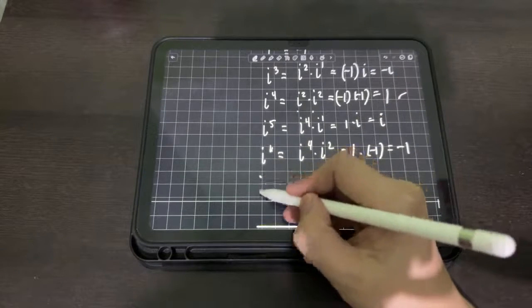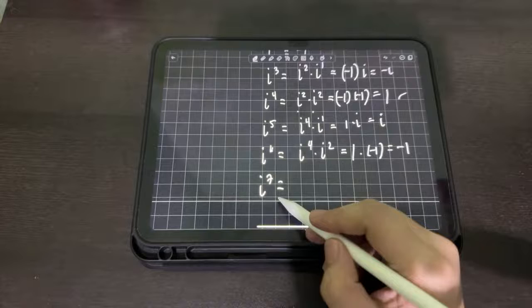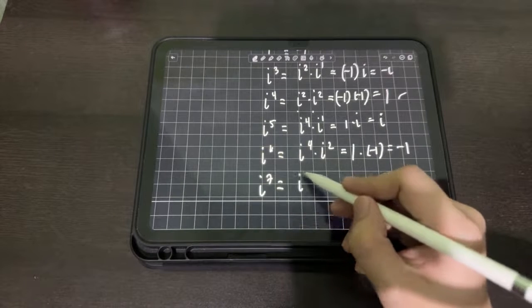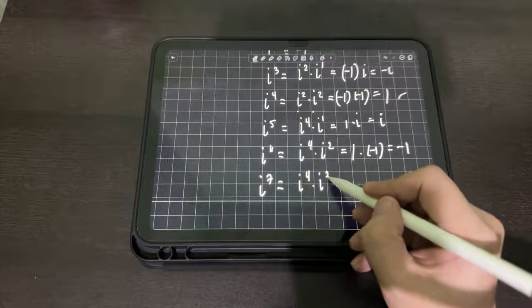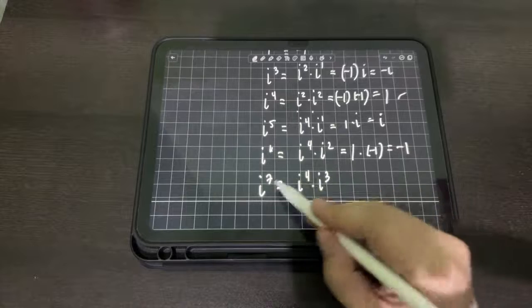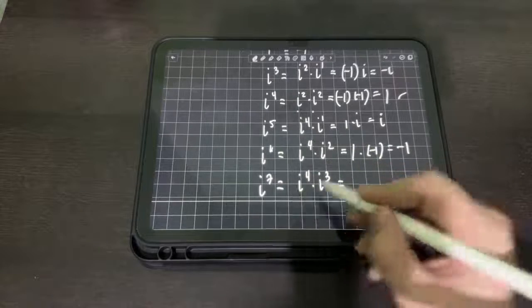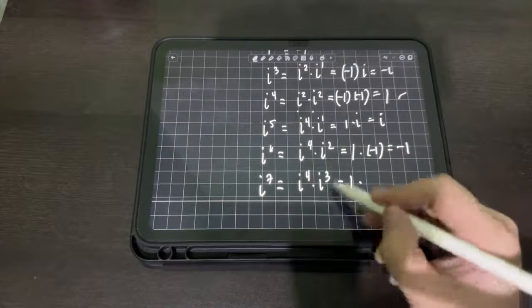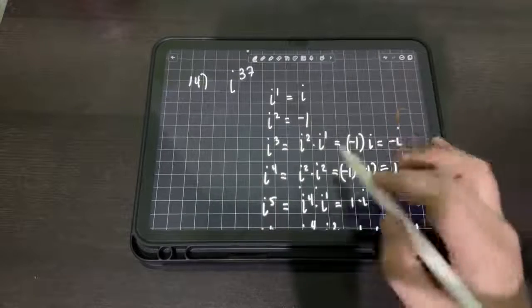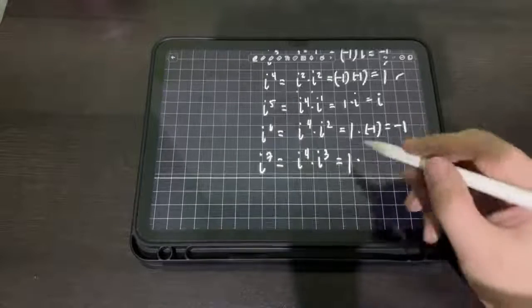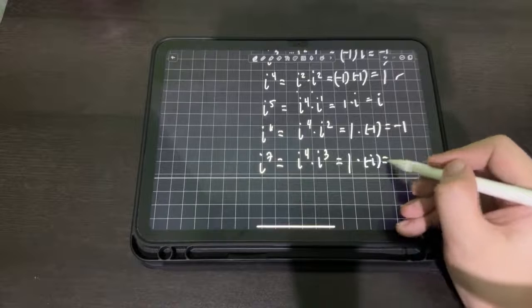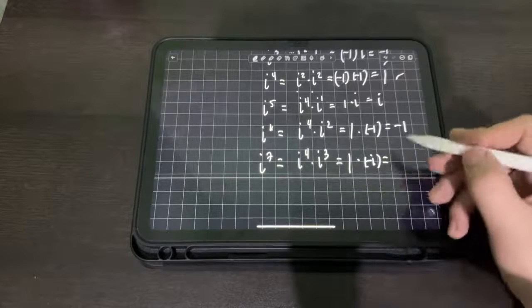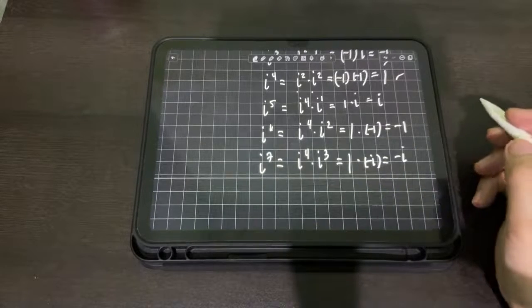How about i to the 7? I can split the power into i to the 4 times i cubed, so that 4 plus 3 is 7. But i to the fourth is 1, and we already know i cubed is equal to negative i. So we can replace i cubed with negative i. Multiplying 1 times negative i, that's negative i.